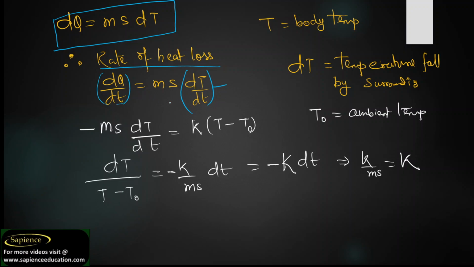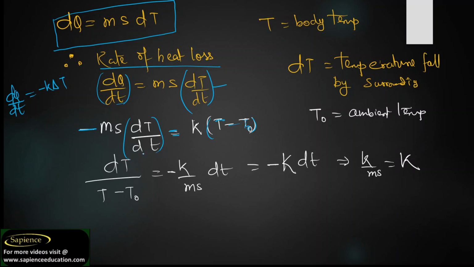Now, dq by dt is equal to what? Just now we have discussed that dq by dt is equal to minus K delta T. So here we can write m s dT by dt with a negative sign, and this is equal to K into the temperature of the body minus the ambient temperature.